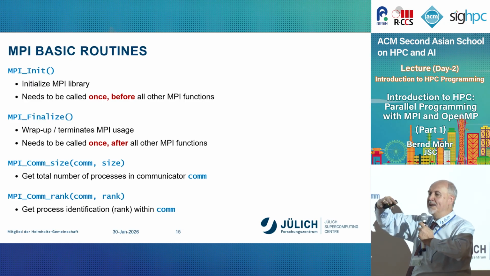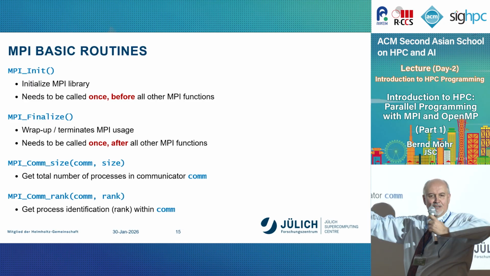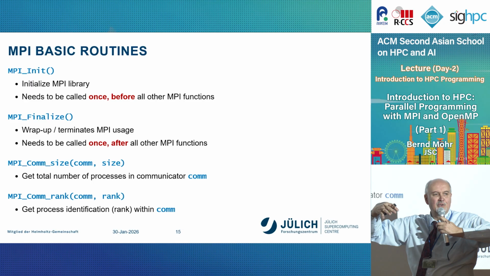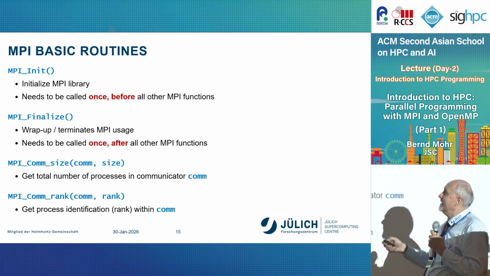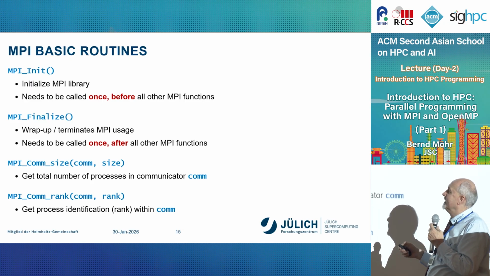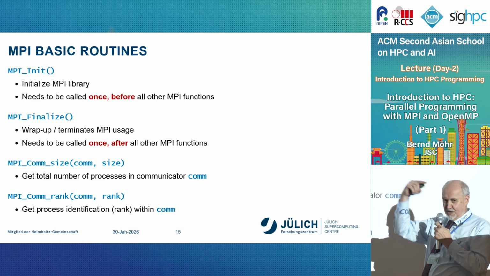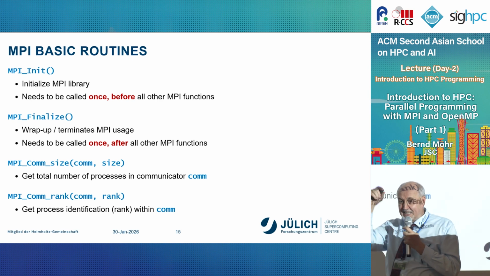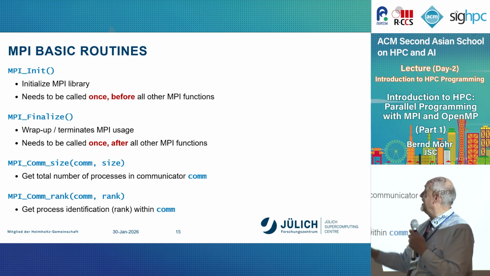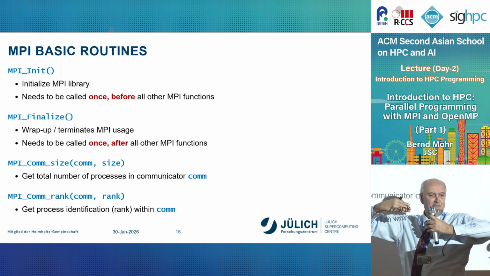You have your normal program, and now you want to do communication and synchronization between the processors, so you have to initialize MPI. You say, I want to work in parallel now. You have to call it once in your program before any other MPI function. This has to be the first function, but you can only do it once.